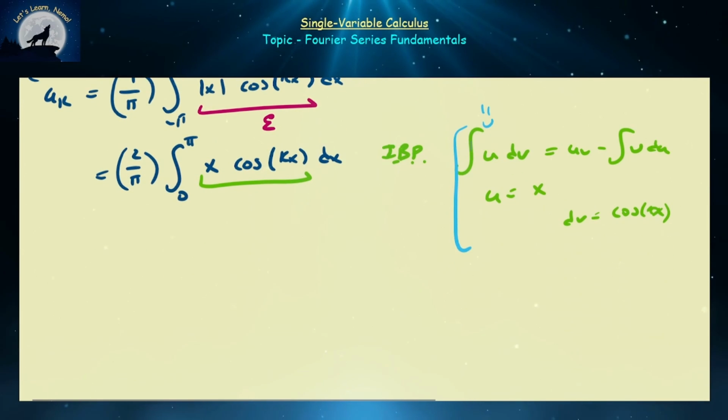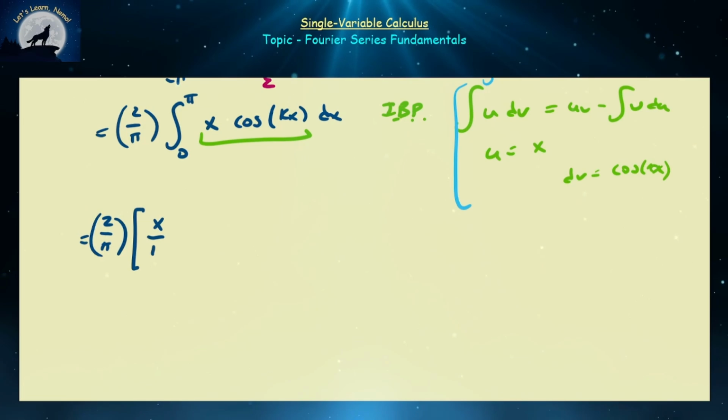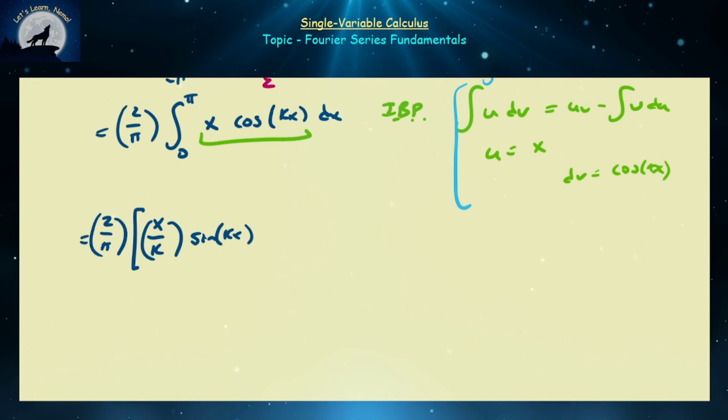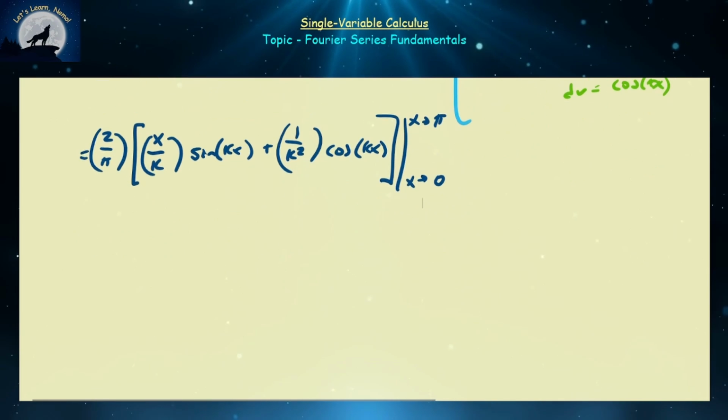It's a nice little practice problem. But once you do it and simplify everything, you're going to get the following. So 2 over pi, and then you're going to have x over k times the sine of kx plus 1 over k squared times the cosine of kx. And then this is going to be evaluated from x equals 0 to pi, so we plug in pi and then subtract the value at 0.